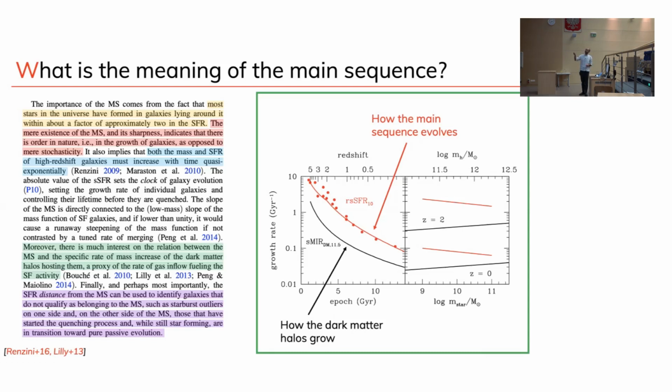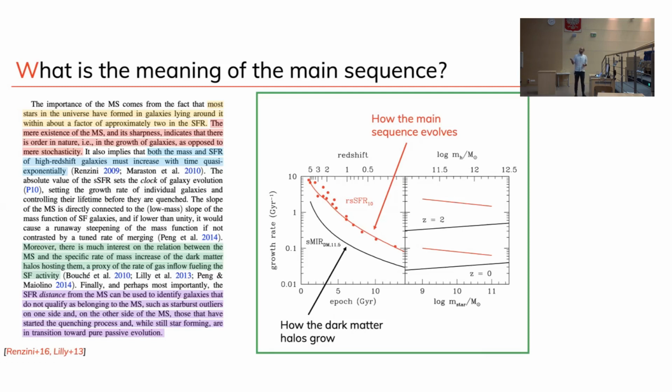Just for reference, this is taken from this seminal paper by Lilly that is trying to put the main sequence and a series of scaling equations in a more general framework, which is what is called a gas regulator model. As a first approximation, we can try to understand this, because when the baryons end up in halos, they are basically tracing how dark matter is also ending up in halos.